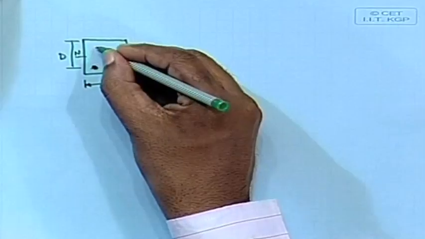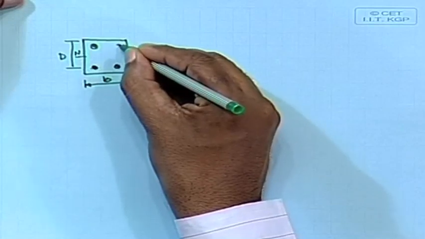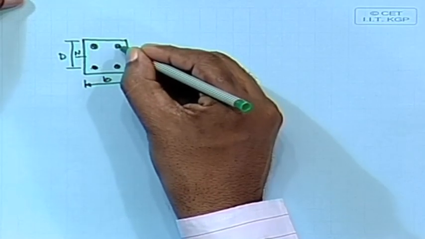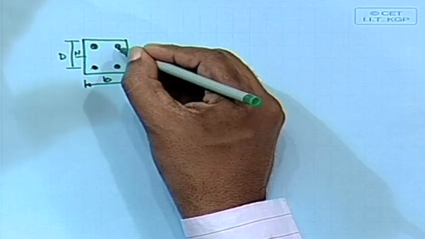Only thing I would like to tell, for this particular section, if we provide reinforcement at the top also, that means in the compression side also you are providing reinforcement.